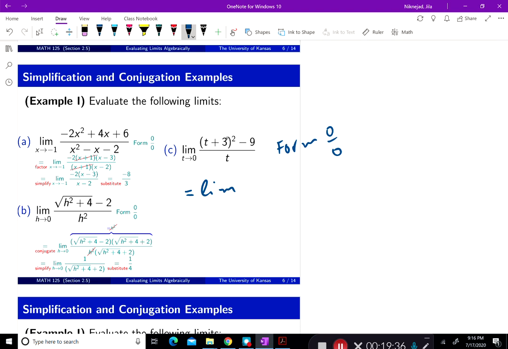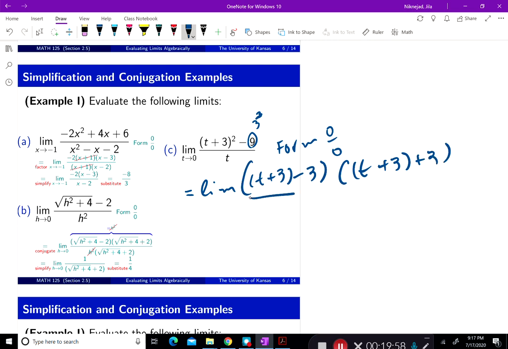So I'll try to use the difference of squares formula. So this is squared, and 9 is 3 to the power 2. Therefore, I get t plus 3 minus 3 times t plus 3 plus 3. That's the numerator divided by t.